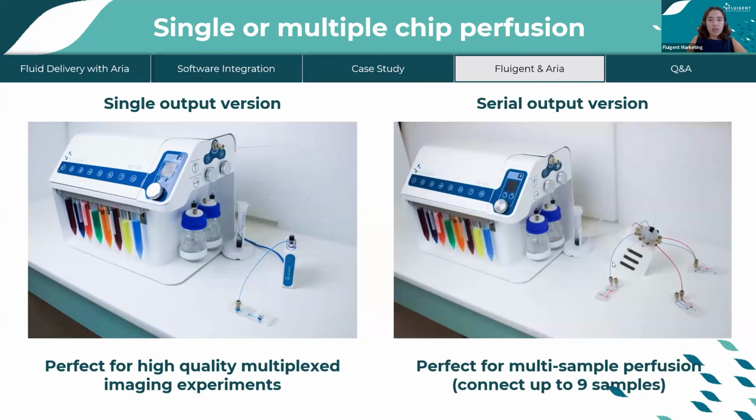And the serial output, which allows perfusion of multiple samples, not at the same time, but one by one, which helps to maximize the number of samples or sample preparation for other types of applications, again with 10 reagents to perfuse and 9 samples with a switch valve.